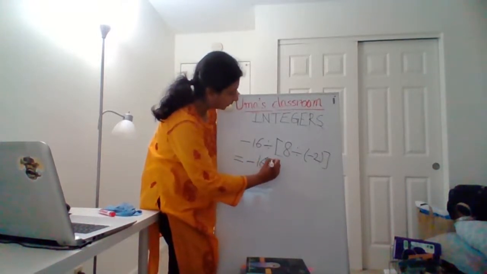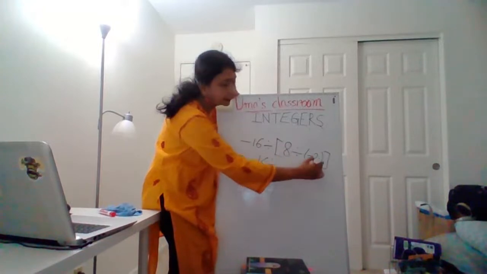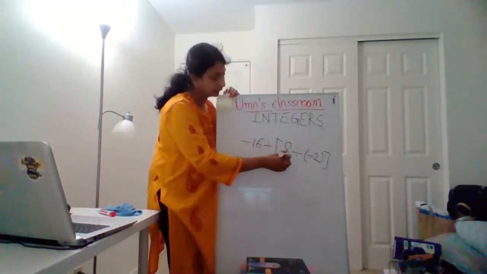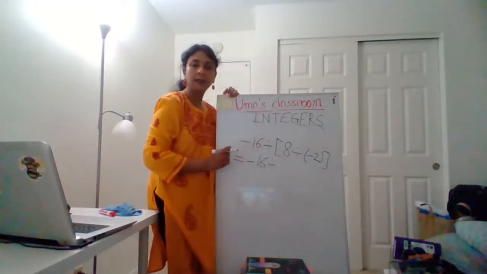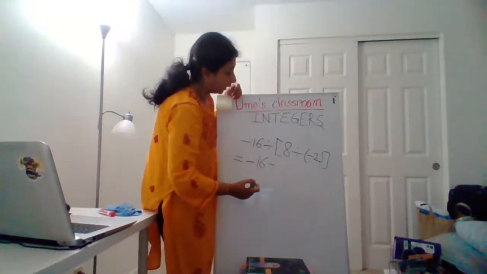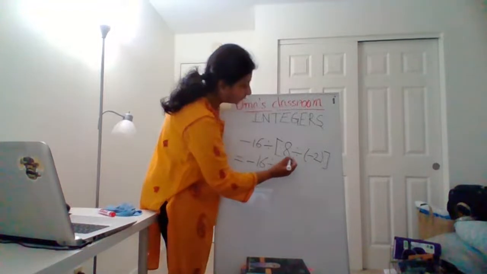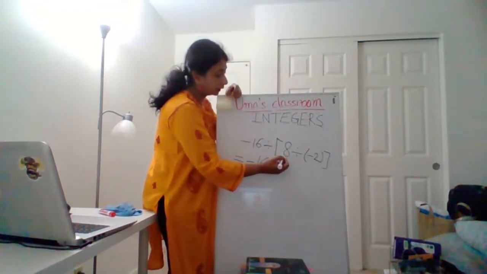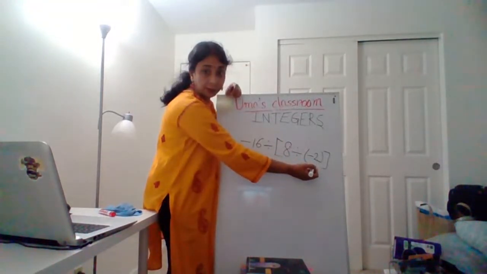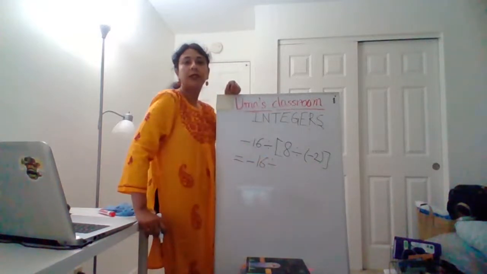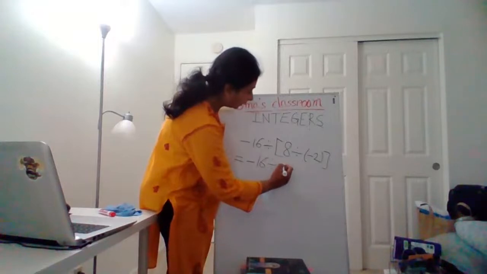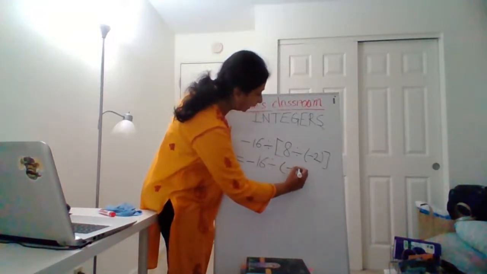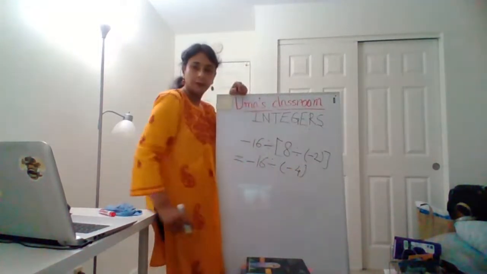Negative 16, keep it as it is. Let's perform this operation first as it is inside the square bracket. So 8 divided by negative 2. As one of the integers is positive and another one is negative, according to the rule of division, the result is going to be negative 4.